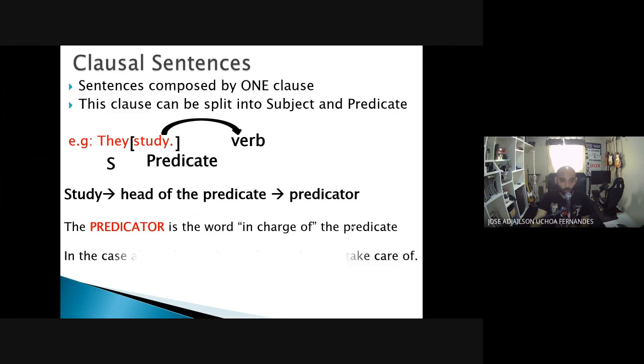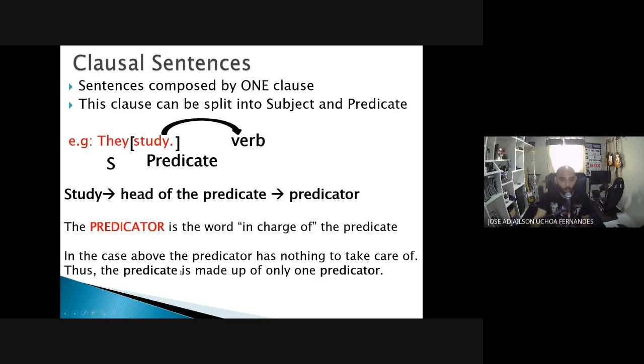Okay. So in the case above, the predicator has nothing to take care of. Okay. Because there's no complement. "They study." Now, if I say "they study English," English is the thing that "study" takes care of. It's the head of the predicate "study English," okay? So the predicate is made up of only one predicator in this case.